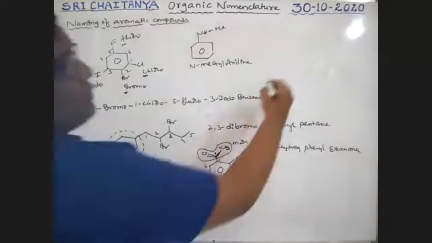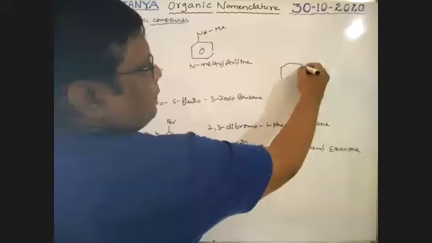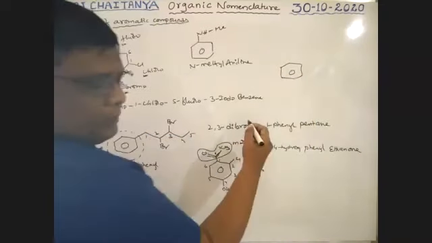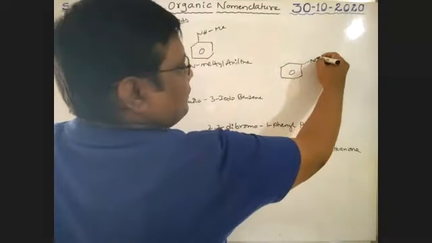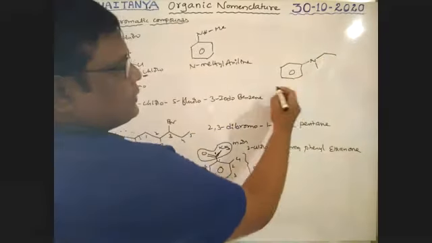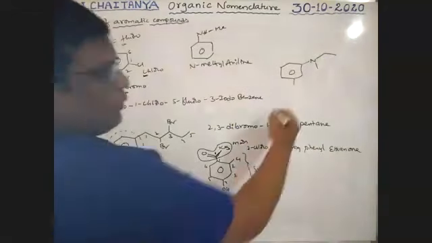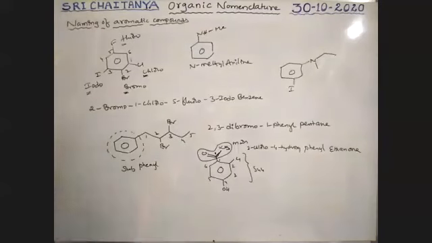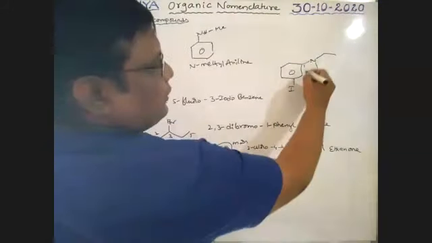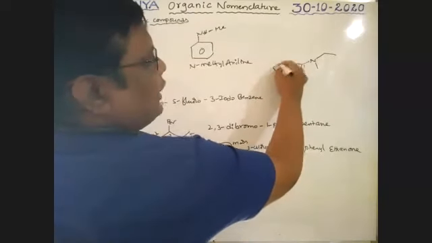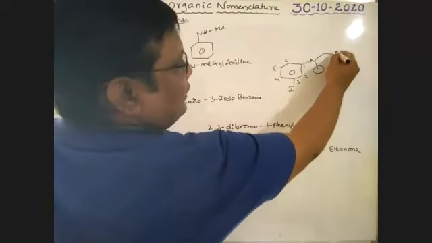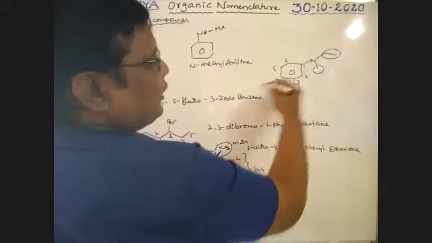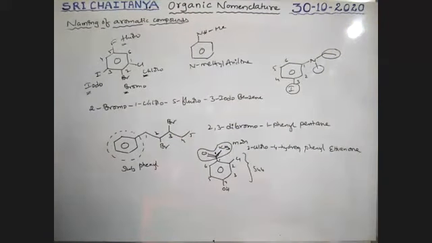Next, what is the name of this compound? So that is N, like this. I am using iodine. What is the name of this compound? It should be first carbon, 2, 3, 4, 5, 6. So N-methyl, N-ethyl, 3-iodo. Okay.